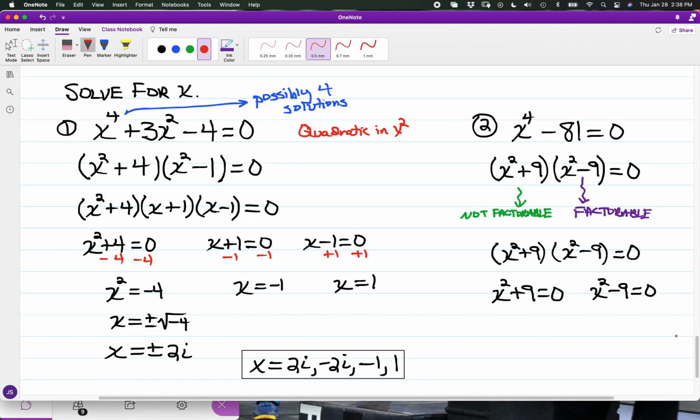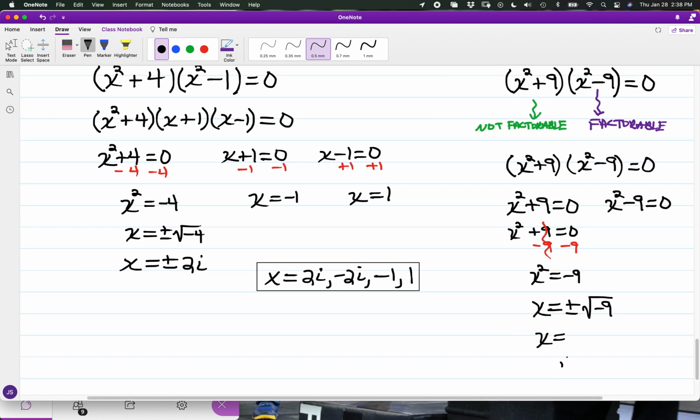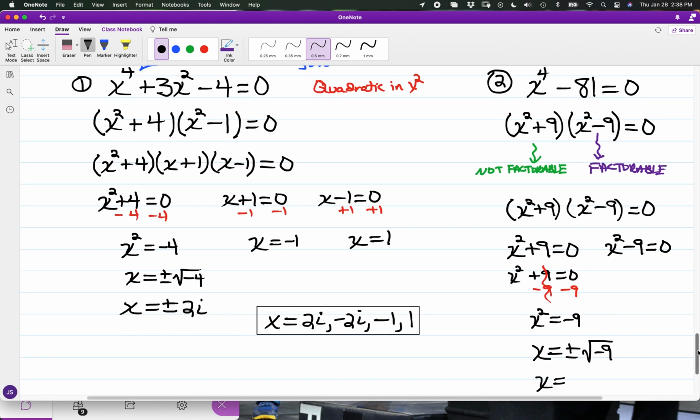If I isolate the x squared terms, for x squared plus 9 equal to 0, if I take 9 away from both sides, we have x squared equal to negative 9. With the square root property of equality, x is equal to plus or minus the square root of negative 9, and so x will be equal to plus or minus 3i.